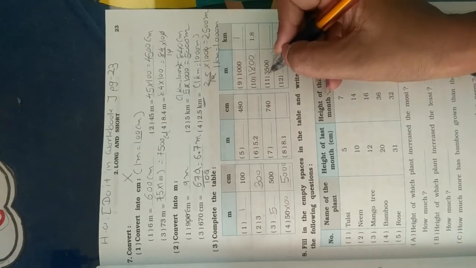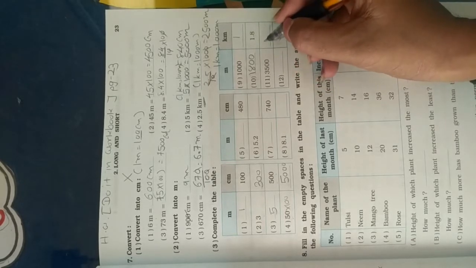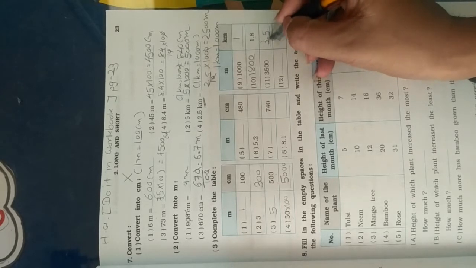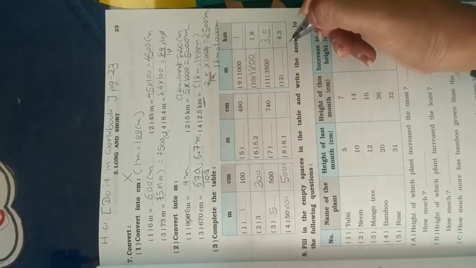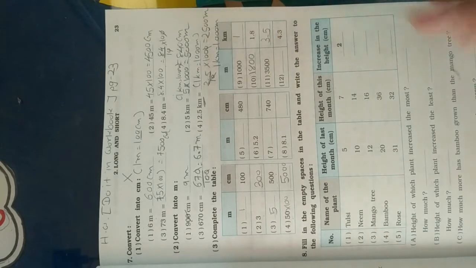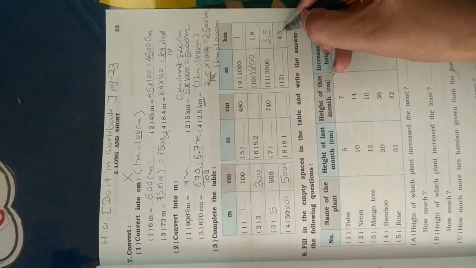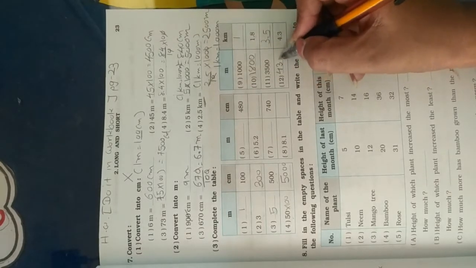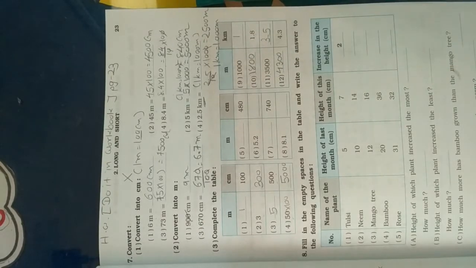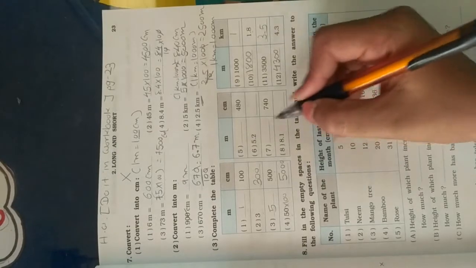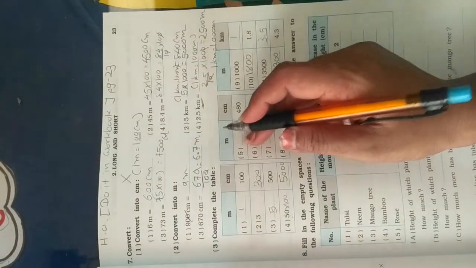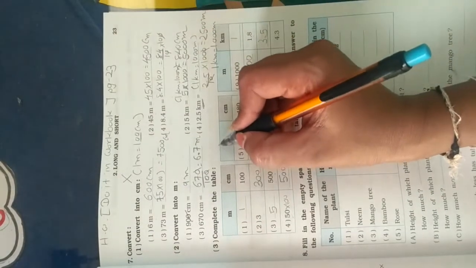So 3500 means 3.5, as you will get here only 2 zeros. तो ये दिमाग में रख ही देना है. Right now we are not going to do the conversion this way. Now 4.3 means 4300.